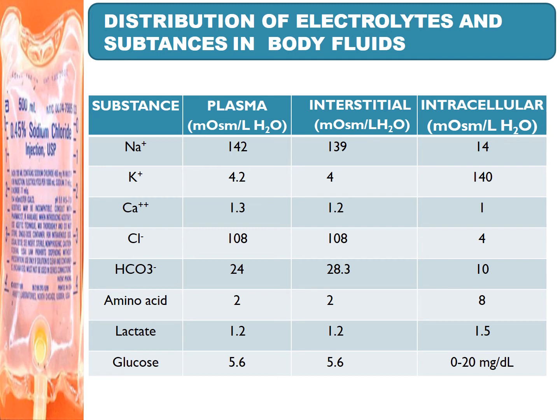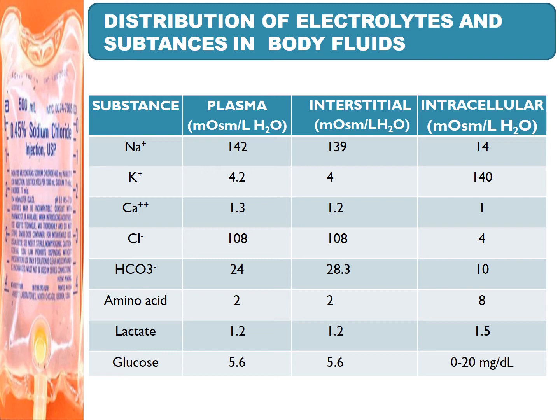For example, the milliosmolar per liter of water in case of the plasma contains sodium 142, potassium 4.2, calcium 1.3, chloride 108 and HCO3 negative 24.